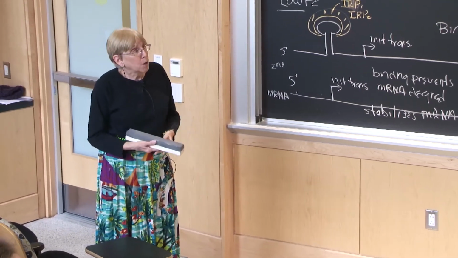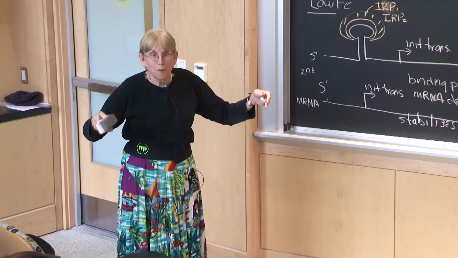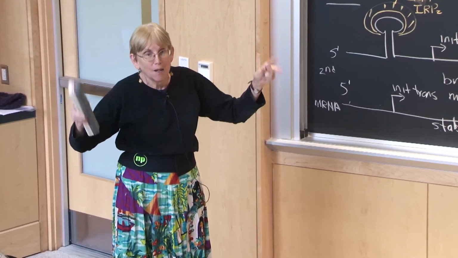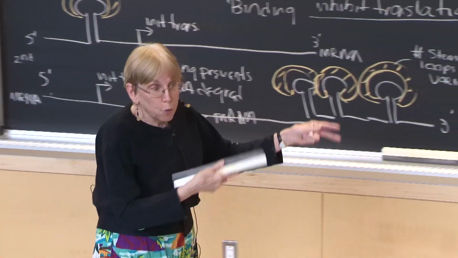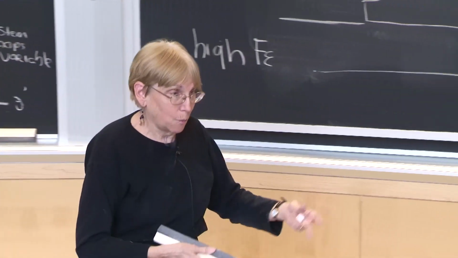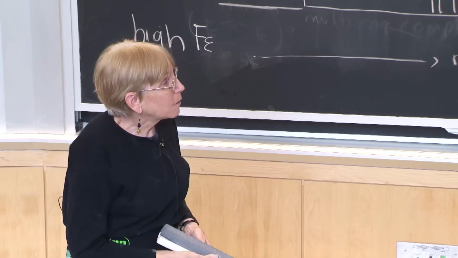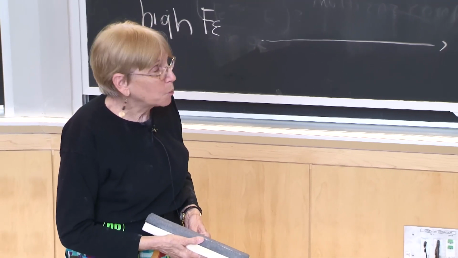Okay, so what I want to do is introduce you to bacteria, generically, how they take up metal and use it for the same things that we use it for, a little less complicated maybe than humans.